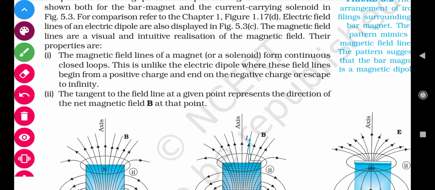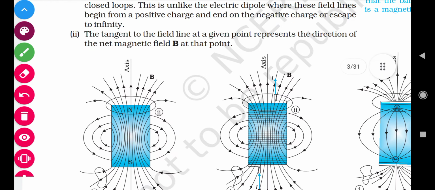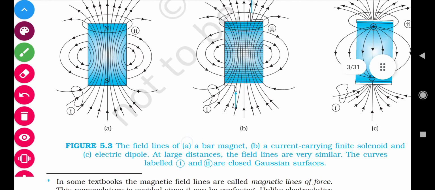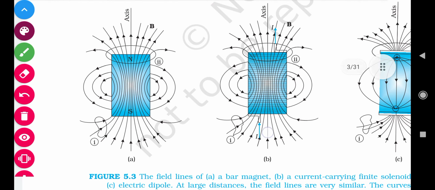The second property is that the tangent to a magnetic field line at a given point represents the direction of the net magnetic field at that point. So if I draw a tangent at any point on a magnetic field line, that will represent the direction of the magnetic field at that point, but not the direction of force on a moving charge, as I already told you.